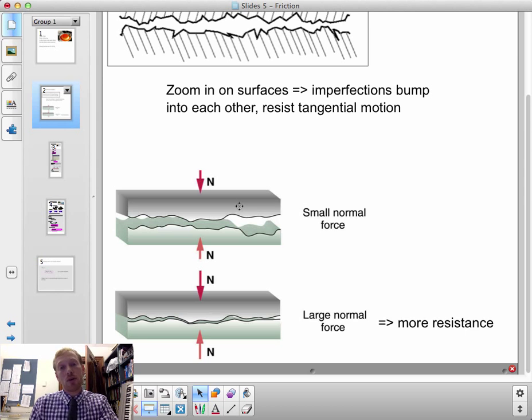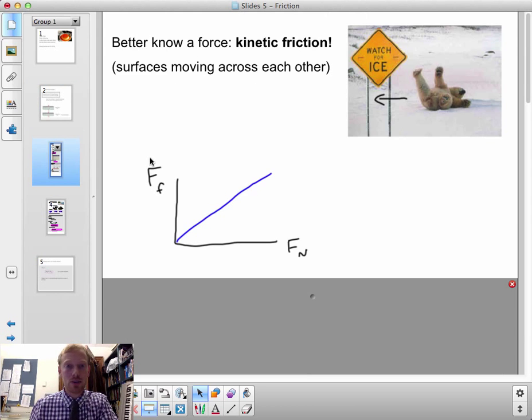And so when the groups varied the amount of mass blocks on the sledge, what they were really varying was the amount of normal force between the table and the friction sledge. Those groups got roughly this graph. Here I'm graphing normal force on the horizontal axis and friction force on the vertical axis. Kinetic friction, moving friction, sliding friction, behaves a little bit like this.